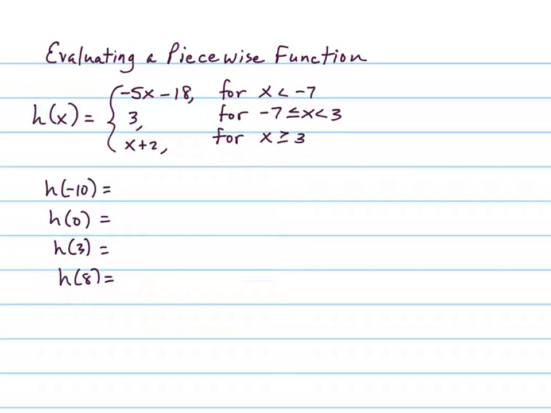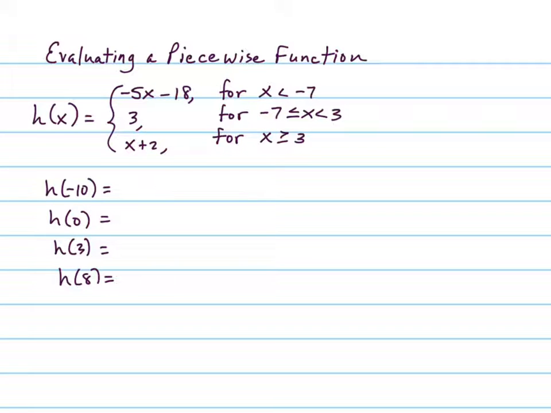So in the first problem here, it says h of x is equal to negative 5x minus 18 for x less than negative 7. So for any number that's smaller than negative 7, like negative 8, negative 9, and so on, you're going to plug that input value into this piece here.